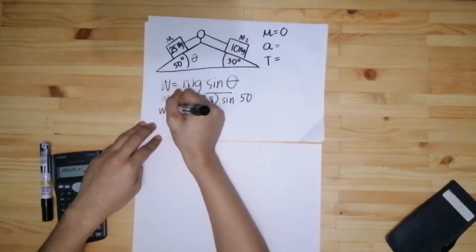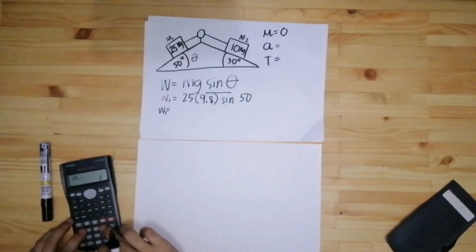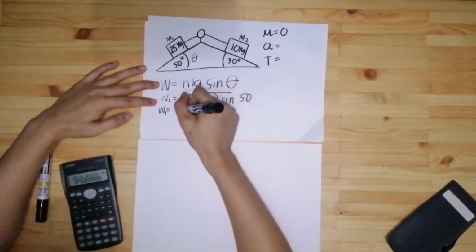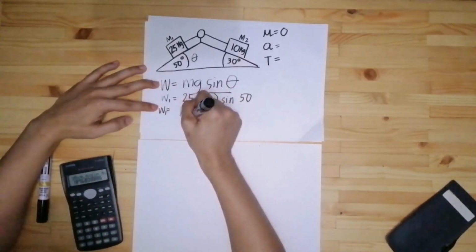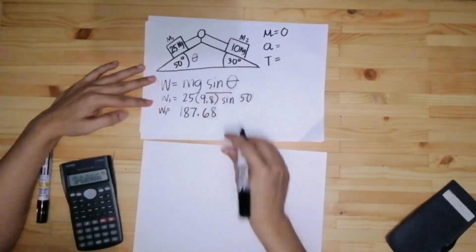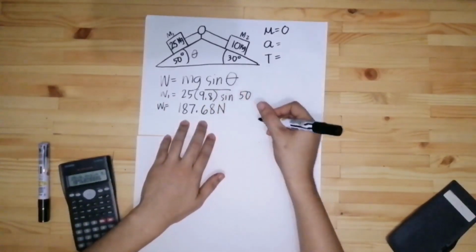Weight 1 is equal to 25 times 9.8 times sin 50. That is equal to 187.68 Newton. So, yun yung weight 1 natin.